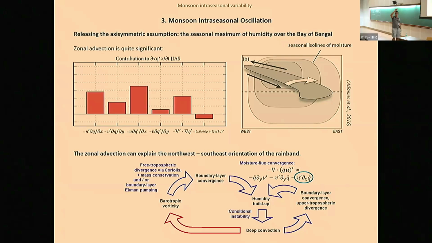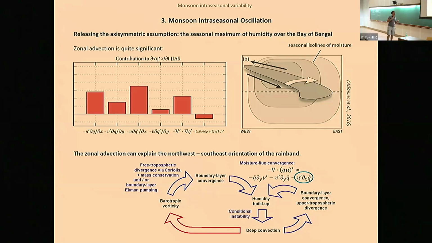So you have a drying by the zonal advection that's operated by the anomalous wind onto the seasonal gradient. And then you'll have a moistening on the other side, in the regions further west.